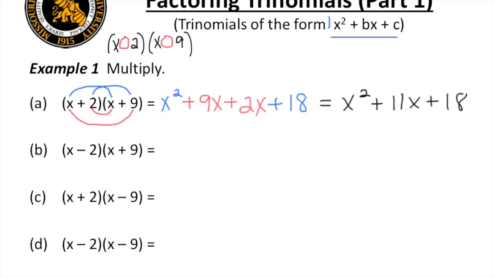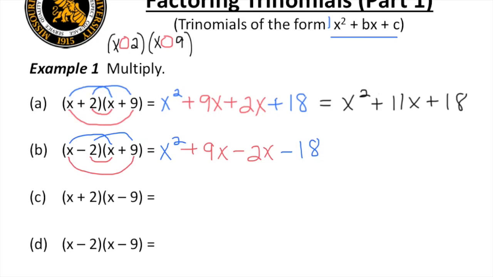In example 1b, we start with first, x times x, outer, plus 9x, inner. Here we have a subtraction of 2x since a negative 2 times a positive x is a negative. And then last, negative 2 times positive 9 is negative 18.